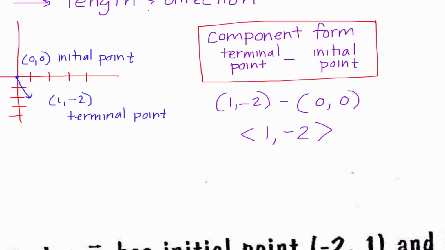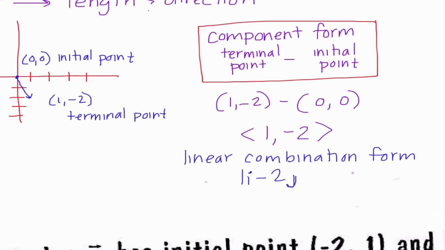The other way that we write this is something that we call linear combination form. Basically it's taking a horizontal vector and a vertical vector. So we would say that this vector is 1i minus 2j.